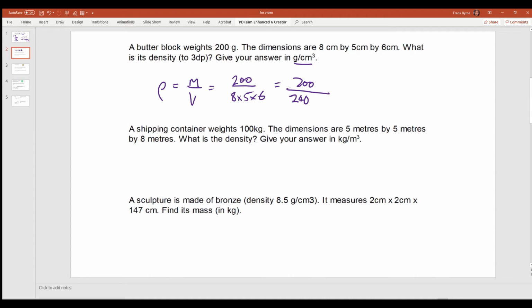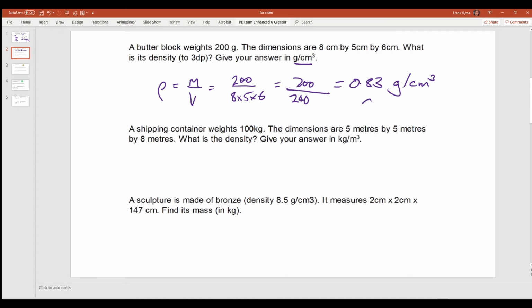If you just put in your calculator 200 divided by 8 times 5 times 6, you might end up with a value of 750, because what you're doing is 200 divided by 8, which gives you 25, and then you multiply that by 5 and 6, so it's 30 times 25, which gives you 750. The actual answer you want is 200 divided by 240, which is 0.83. It's 0.83 recurring, but we'll leave it at 2 sig figs, and that's grams per centimeter cubed.